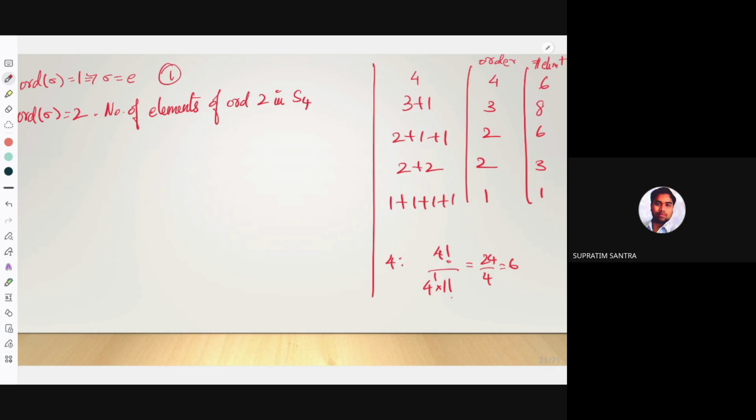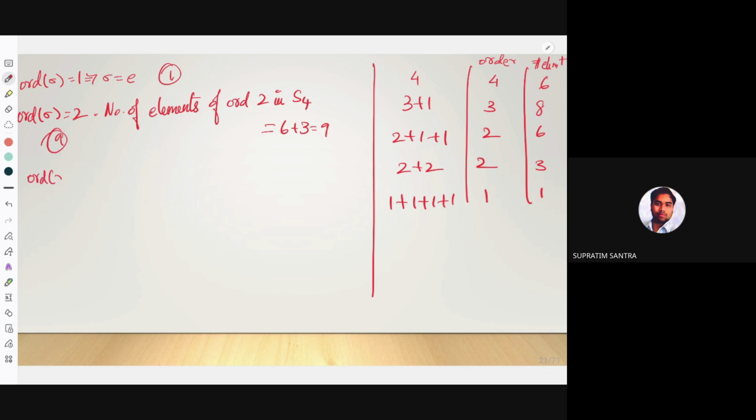Similarly, for 3 plus 1, it would be 4 factorial divided by 3 power 1, 1 power 1 times 1 factorial times 1 factorial, which is 24 over 3, which is 8. Similarly, we can compute for all the others. So the number of elements of order 2 in S4 is basically 6 plus 3, which is 9. So we have 9 possible homomorphisms here.